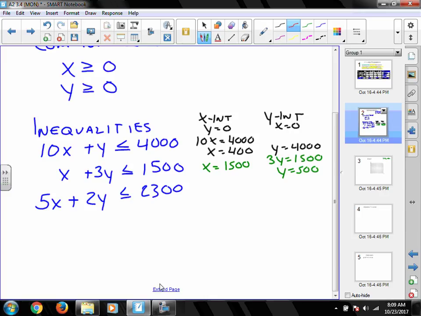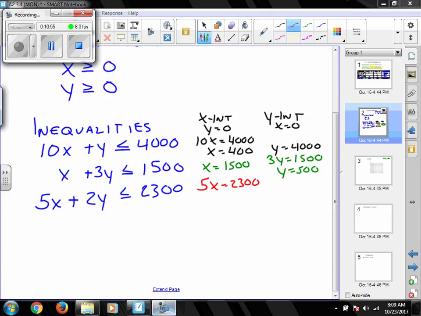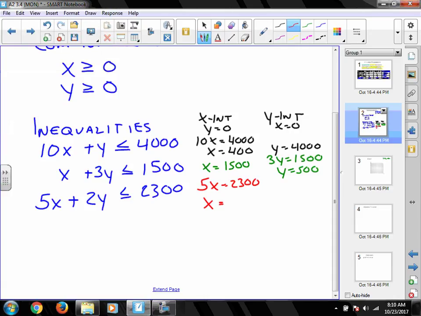I'm going to get that if y is 0, I get 5x is equal to 2300. And if I divide that out, I should get that x is equal to 460.